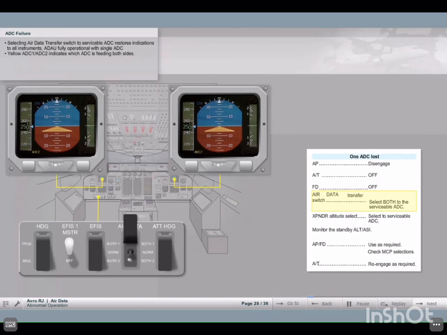Selecting the air data transfer switch to the serviceable ADC will restore the indications to all the instruments and permit the air data accessory unit to be fully operational with a single ADC. A yellow ADC 1 or ADC 2 appears on the bottom of both PFDs to indicate which ADC is feeding both sides.